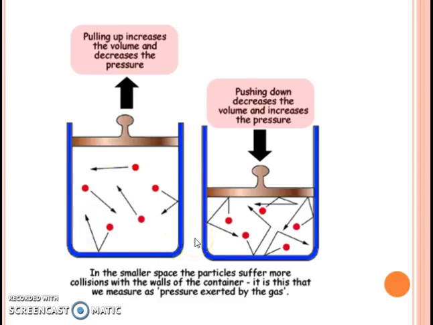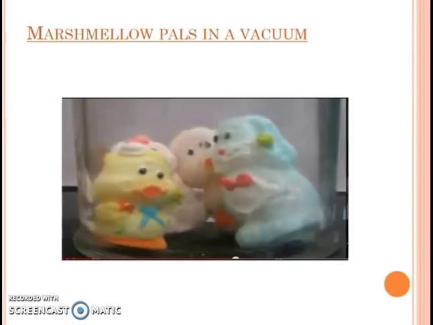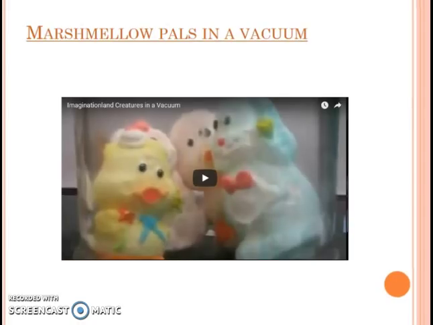And so those collisions are going to occur a little less frequently, so the pressure will decrease. When we squeeze the container down and decrease the volume, the pressure in the gas will increase. So a little fun visual representation is looking at these peeps if we're talking about the pressure and volume relationship.